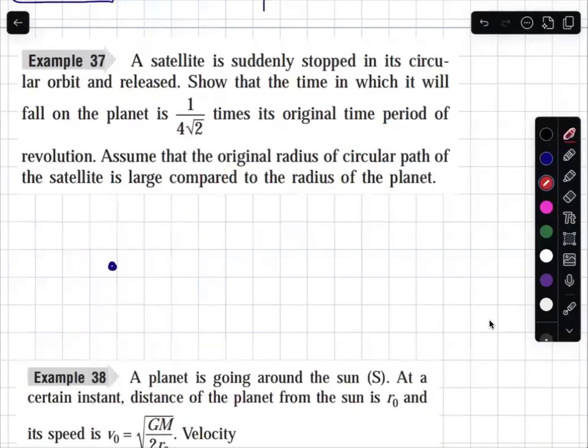And the actual circular orbit is like this. Right. Now what happened?